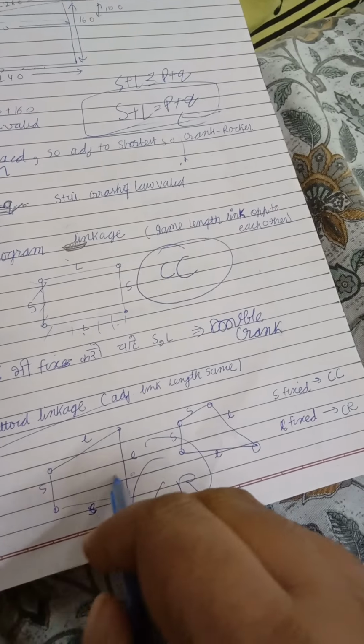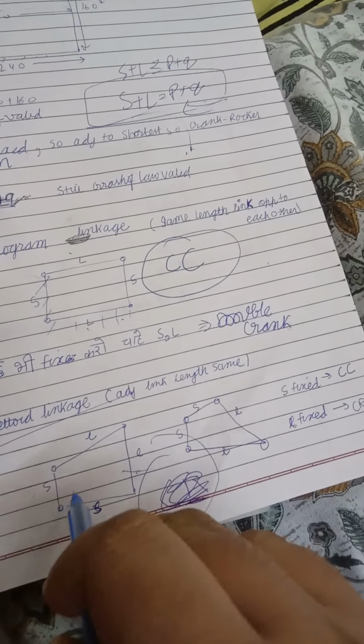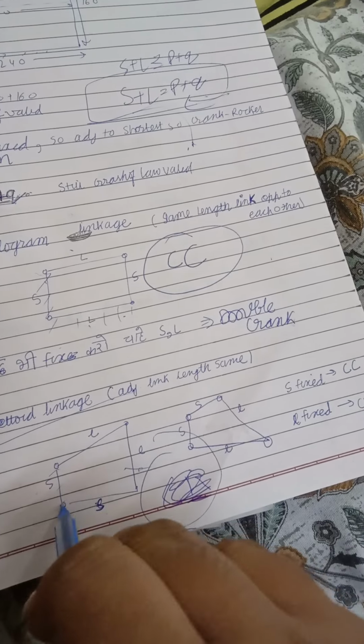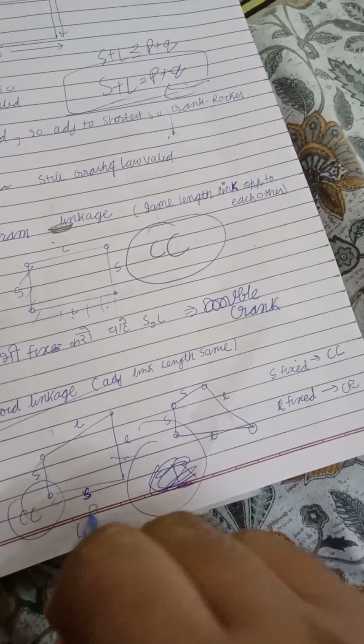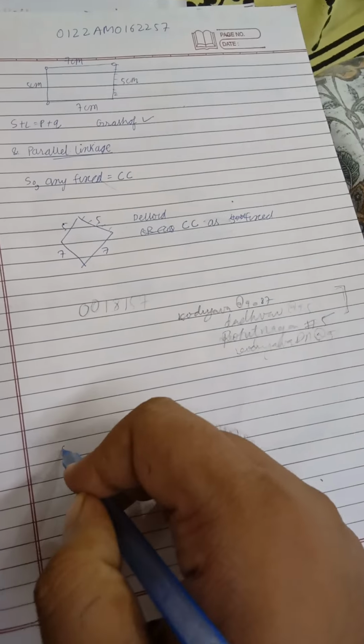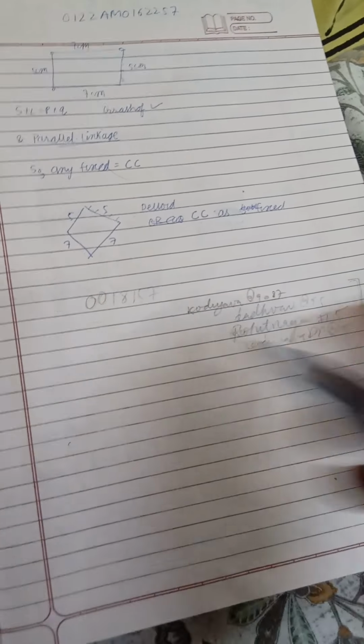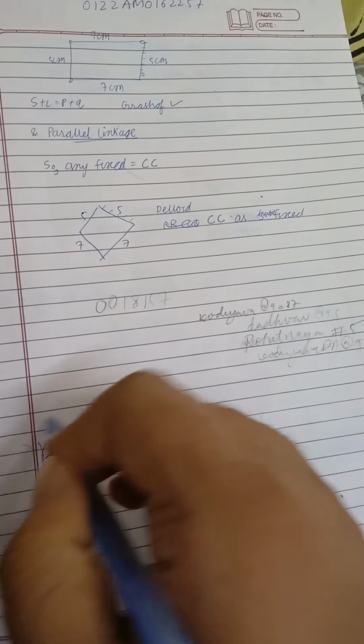But no, not crank rocker in this case: if short is fixed, you will get double crank. If L is fixed, you will get crank rocker. And if Grashof law is not validated, then only one possibility: double rocker mechanism. You will get only double rocker mechanism if this is not validated. So these are all the things written here.